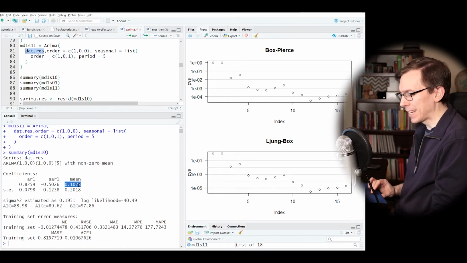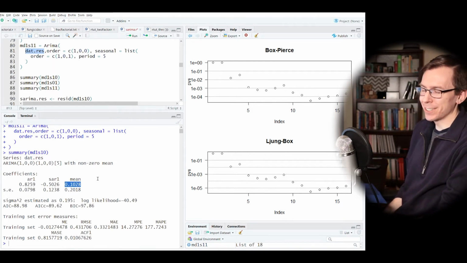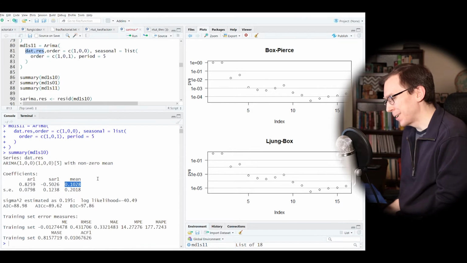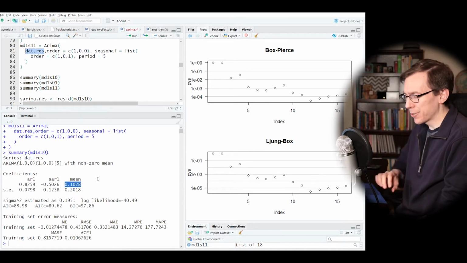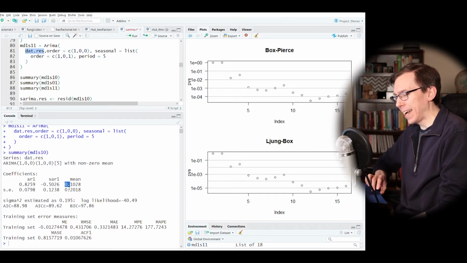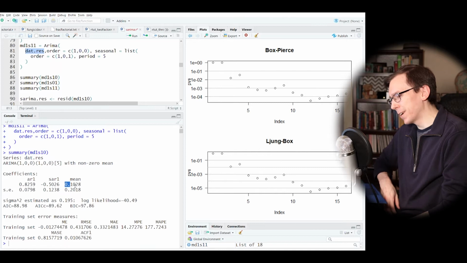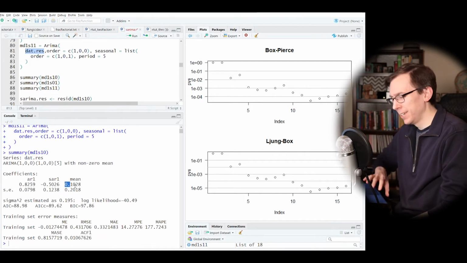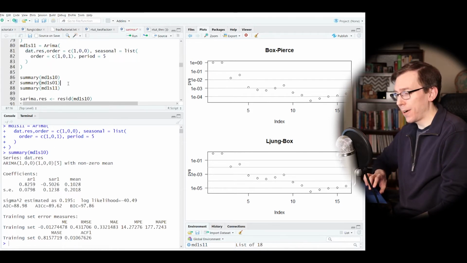We don't really care about that. We already removed a linear trend, including a slope and an intercept, so it makes sense that the mean should not be interesting, but it's included here anyway. I think you can force the ARIMA function to not fit a mean, but we'll just leave it in. It doesn't really matter.